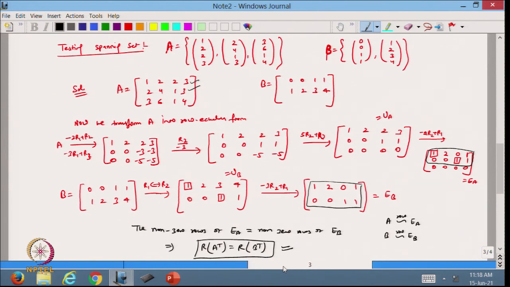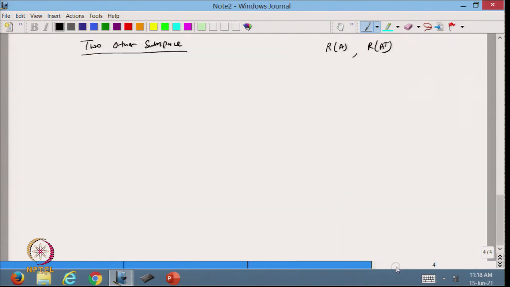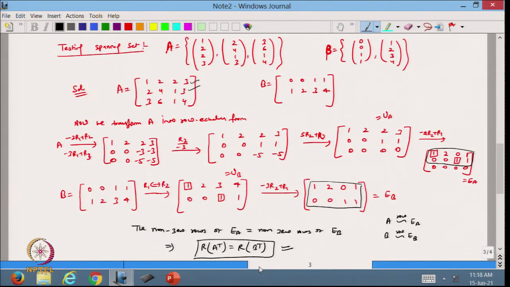So, suppose I want to find the range space of A. The range space of A will be spanned by, so I will take the EA.